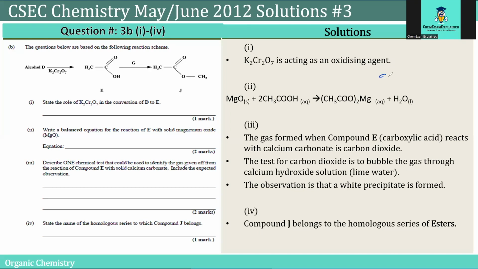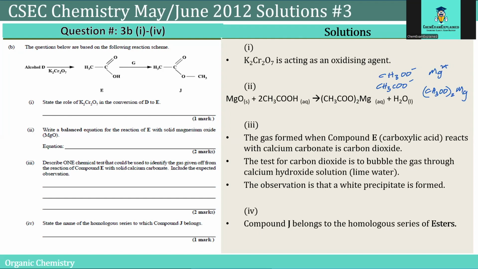So here we have the ethanoate ion, and we have the magnesium ion. And for them to combine, they must be electrically neutral. So we need another of the ethanoate ion. So we form the salt magnesium ethanoate. So 2 of the ions to 1 magnesium. So that's the equation.